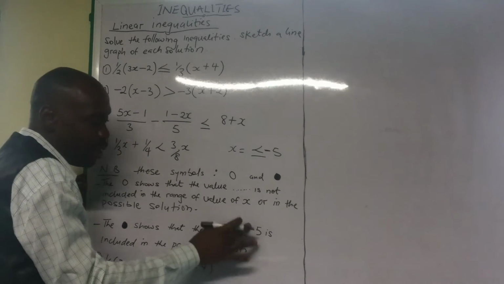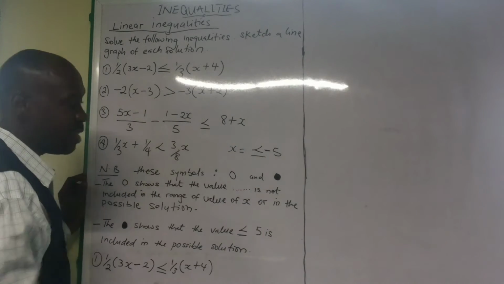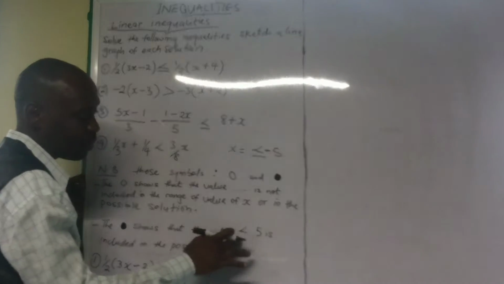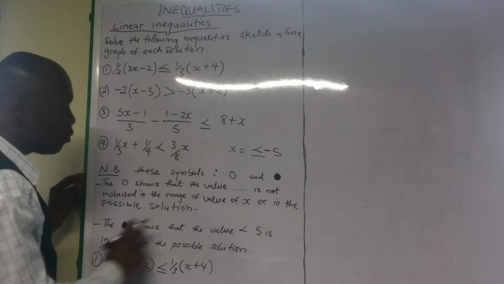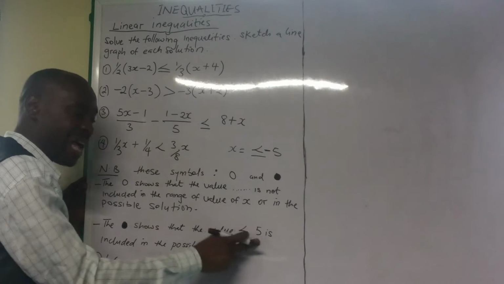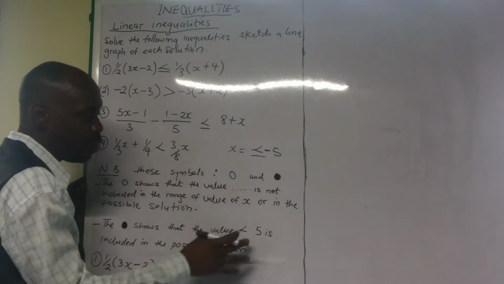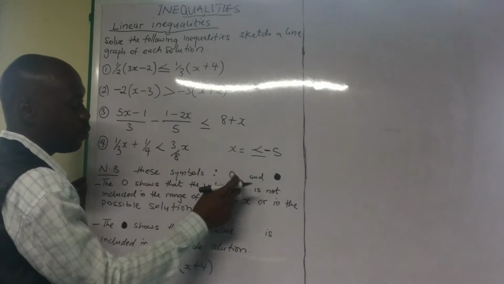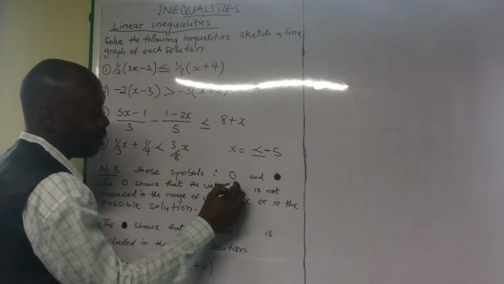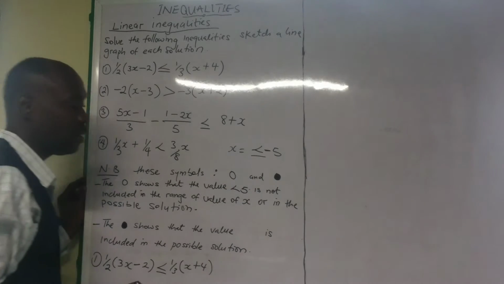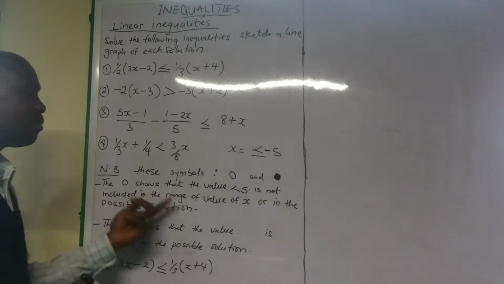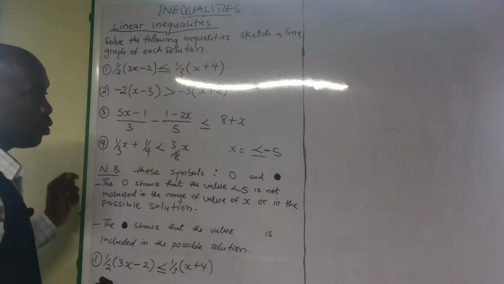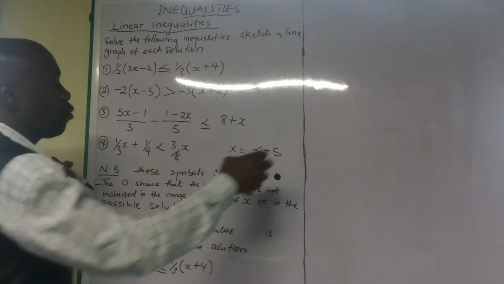But once we have the strict less than sign, we can't use this symbol. It can only go for the very first symbol. It will now be like this: less than 5 means 5 is not included in the range of values of x, or in the possible solution. So let's solve the first question.